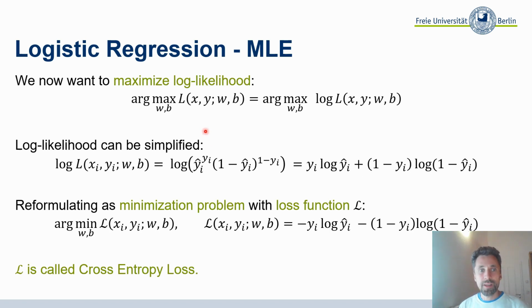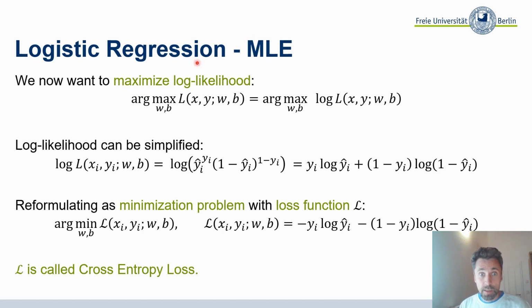So what we now want to do is to find the correct and optimal W and B. Yeah? So the parameters of the model that optimize a certain objective, and here we will use the likelihood. So we usually take the so-called maximum likelihood estimator, which is an expression that gives you the probability of the data given the specific model parameters.